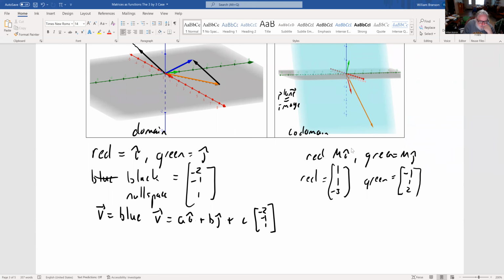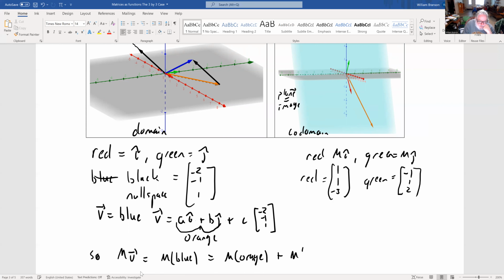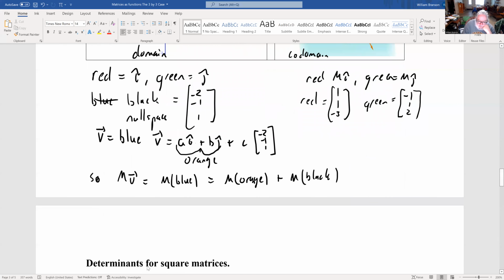And this part is the orange vector here. So what's m times v? That's m times the blue vector. Well, that equals m times the orange vector plus m times the black vector. But the black vector is in the null space, so m times that equals 0.